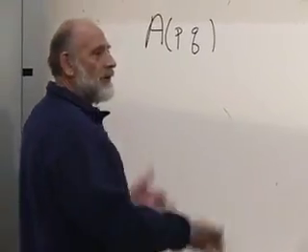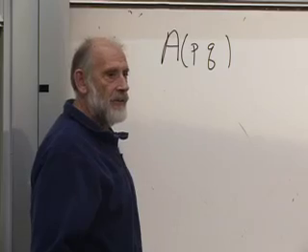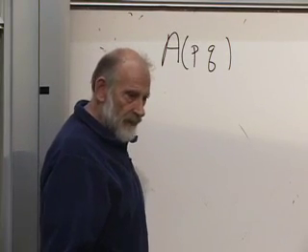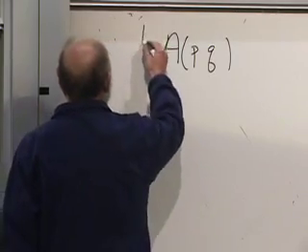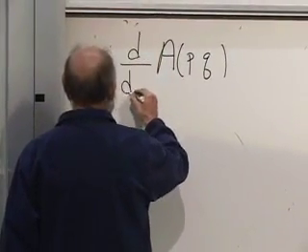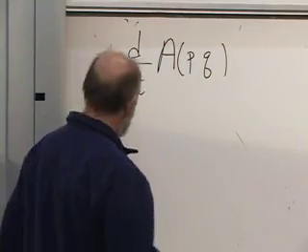Okay, this is easy. All we want to know is whether the time derivative of A is 0 or not. In fact, let's just calculate the time derivative of A, dA/dt. Let's just do it. Brute force, we'll calculate it.